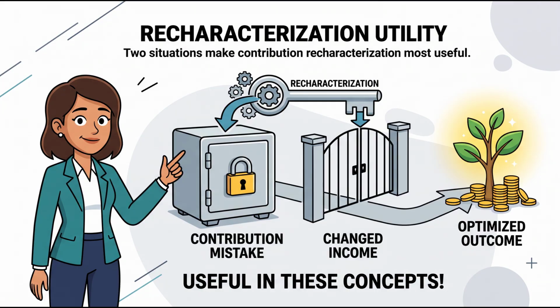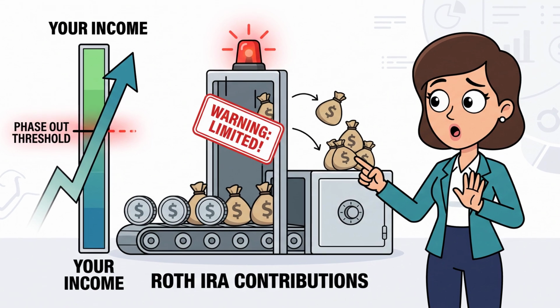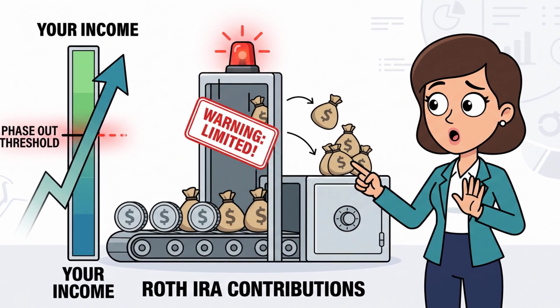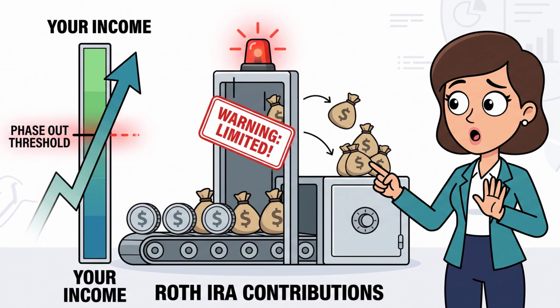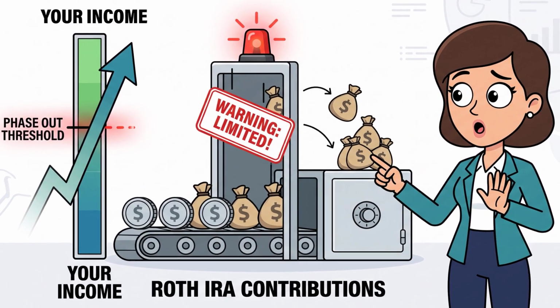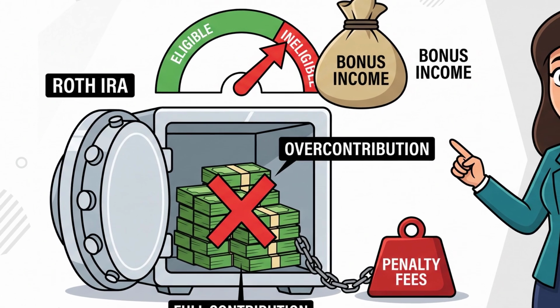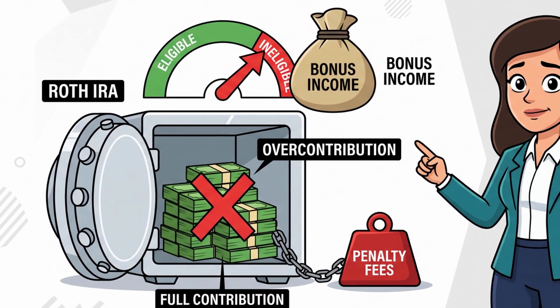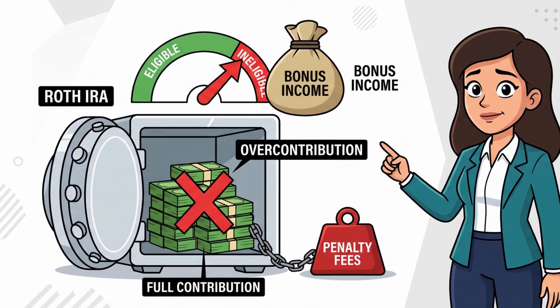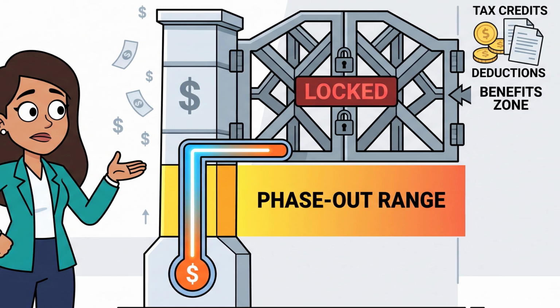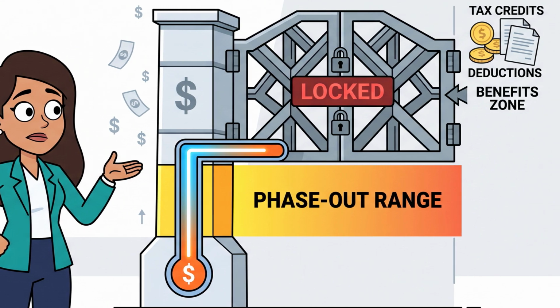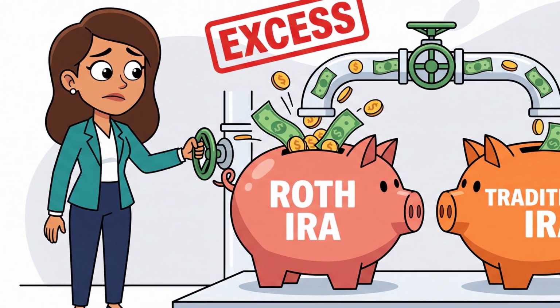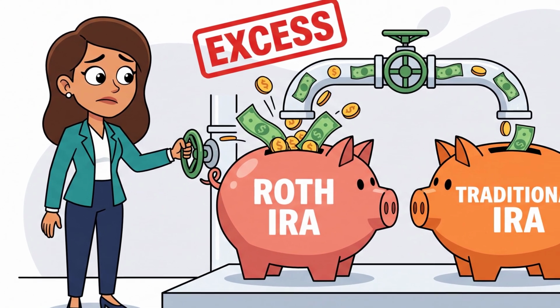Two situations make contribution recharacterization most useful. The first is earning more than expected. Roth IRA contributions phase out above certain income thresholds. Someone who contributed the full Roth IRA amount early in the year, then received a bonus, a raise, or unexpected income that pushed their modified adjusted gross income above the phase-out range, ends the year with an excess Roth IRA contribution.